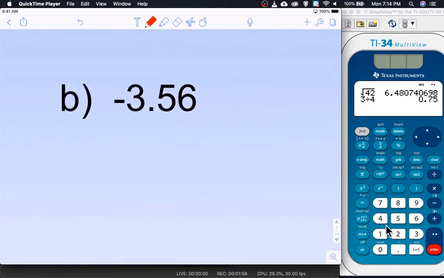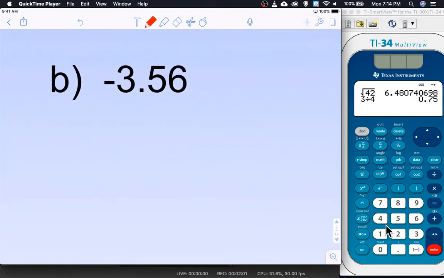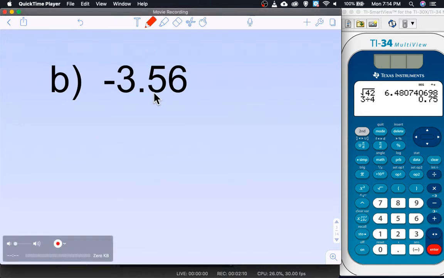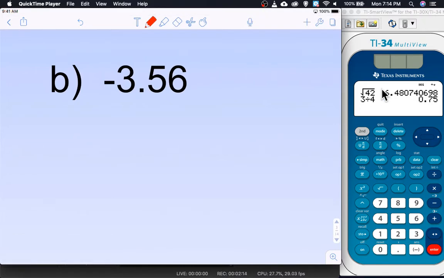Letter B. Now that is a terminating decimal. The proper official way to read that number is -3 and 56 hundredths. Now if you know how to properly read a decimal, the way you read the decimal and read the fraction is identical. -3 and 56 hundredths.